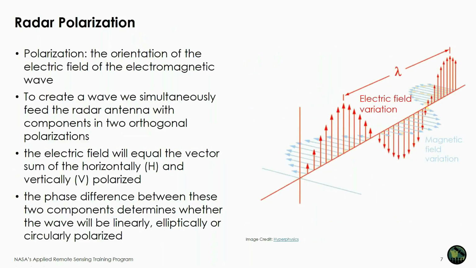The electric field is equal to the vector sum of the horizontal and the vertical polarized waves. It's the phase difference between these two components that we feed through the antenna that determines whether a wave is linearly polarized, which is what we typically work with in many of our radar applications, or whether, if there's a phase difference between those two components, the wave can be elliptically or circularly polarized.